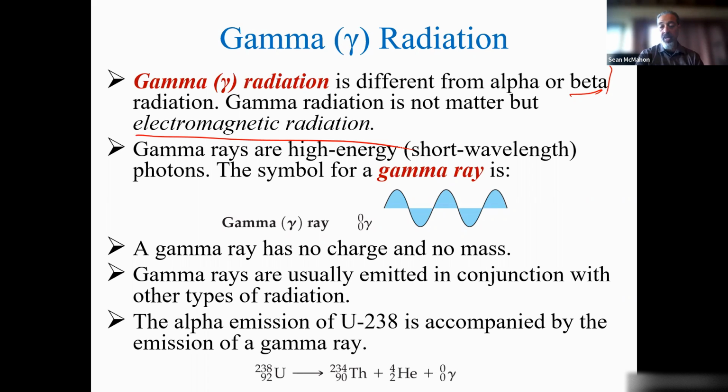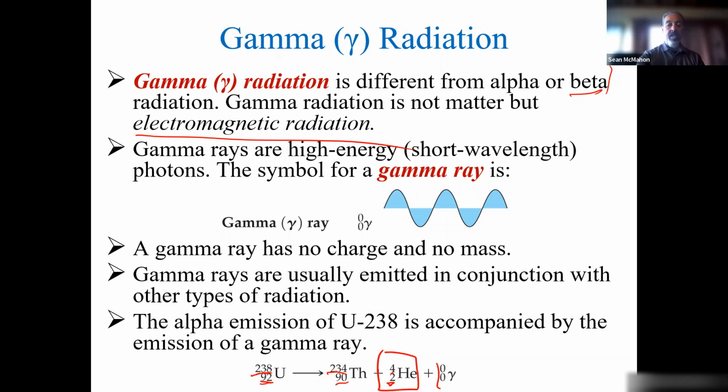So here's an example, and we actually did this when I first introduced the nuclear equations and the concept of alpha decay, where I took uranium-238, and I know uranium has an atomic number of 92. I said it was an alpha decay. So 92 minus 2 gave me 90. 238 minus 4 gave me 234, the thorium 90.